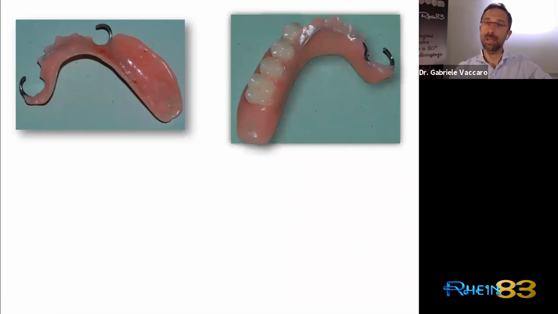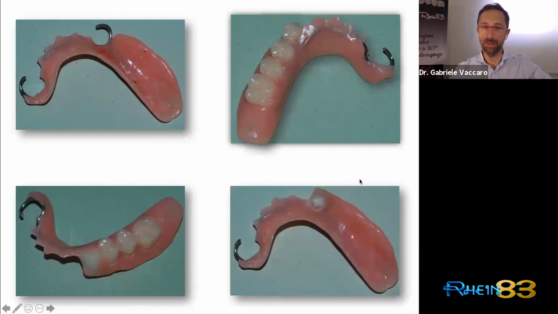The new tooth has for sure a better aesthetic, because we have no clasp, no metal on the side. And the tooth must be hollow in the bottom, because it must fit inside the female cap, the green cap.